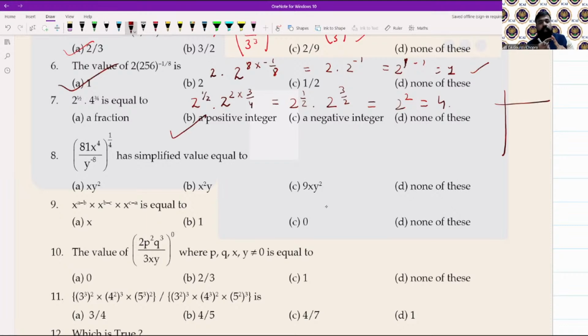So 3, then 3 square is 9, 3 cube is 27, 3 to the power of 4 is 81, then 81 into again 3 becomes 243, then again multiply by 3 becomes 729. So you must have knowledge up to the power of 6 while talking about 3.